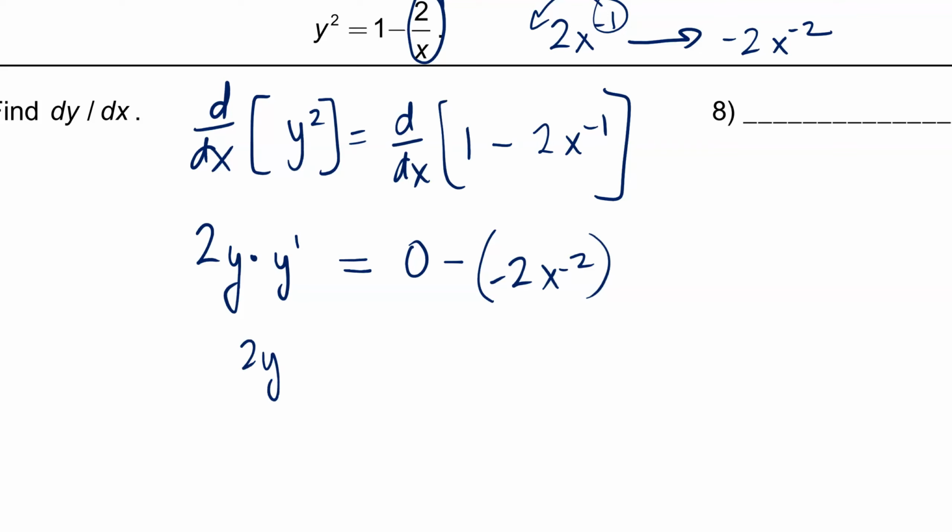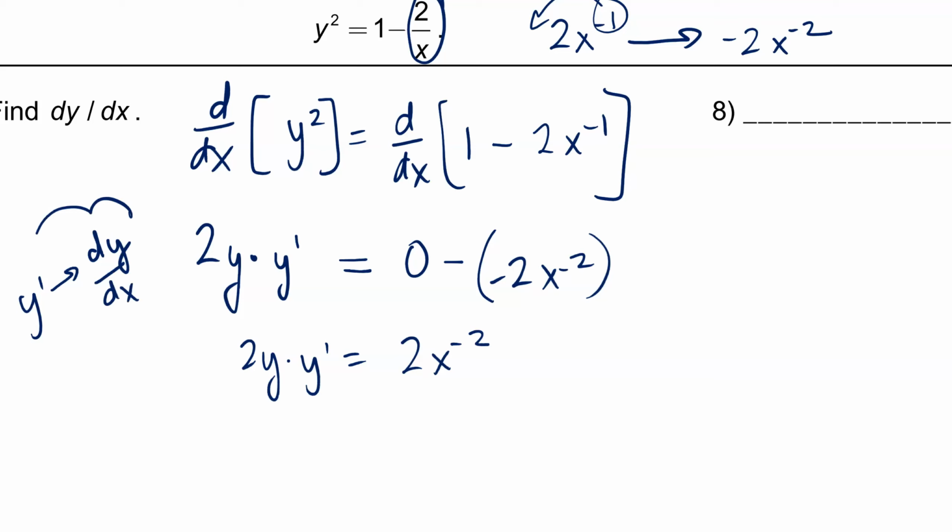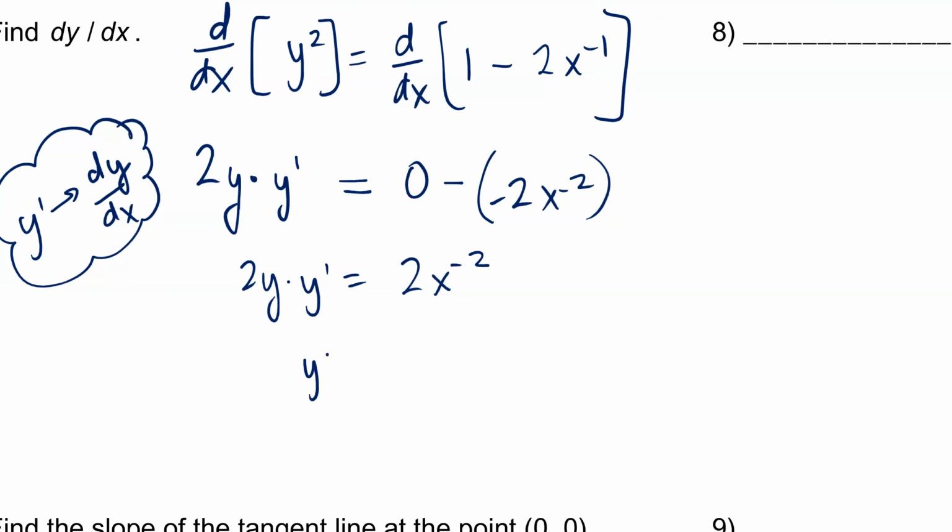So I have 2y times y prime equals 2x to the negative 2. I need to get y prime by itself. Keep in mind, y prime is the same thing as saying dy/dx. All it means is first derivative. Divide by 2y. So there's no chain rule on this? No. Well, there was right here, technically, but not on the x side.